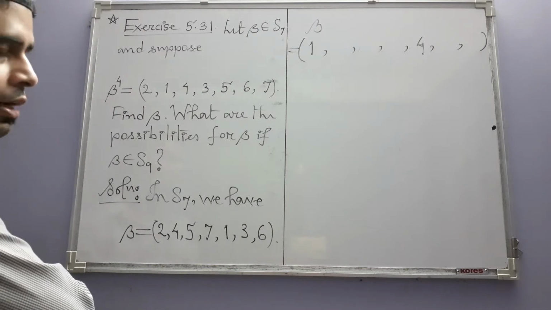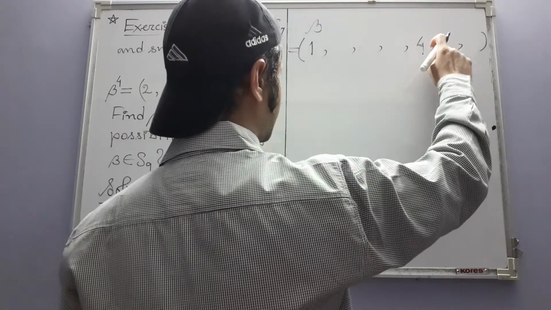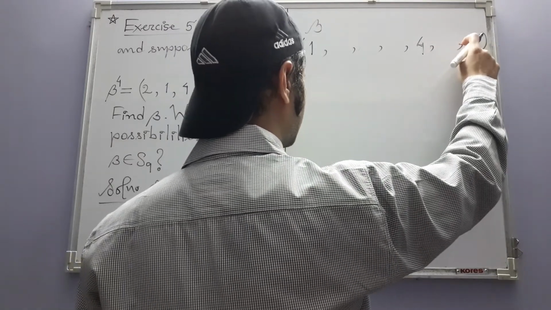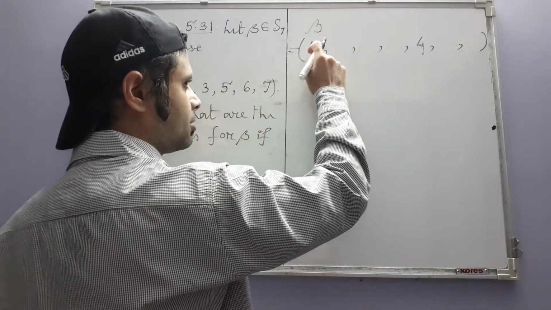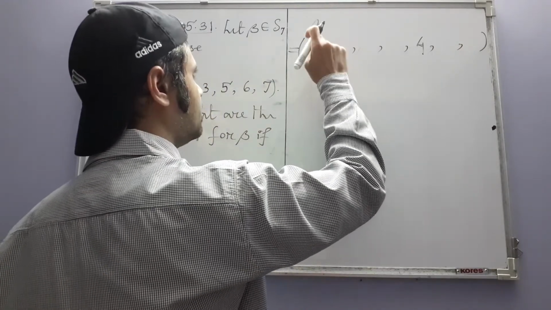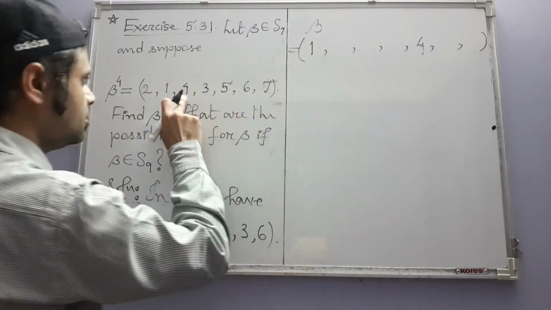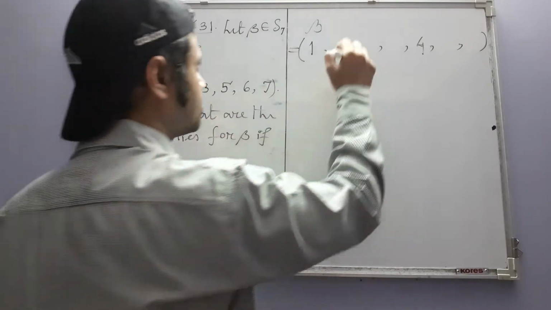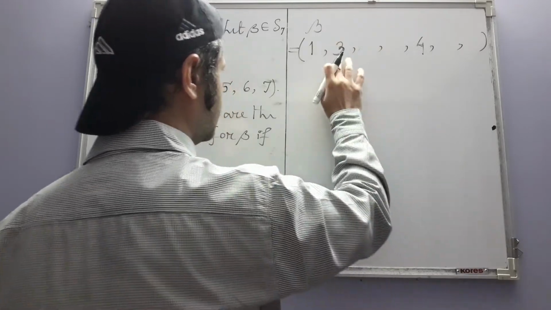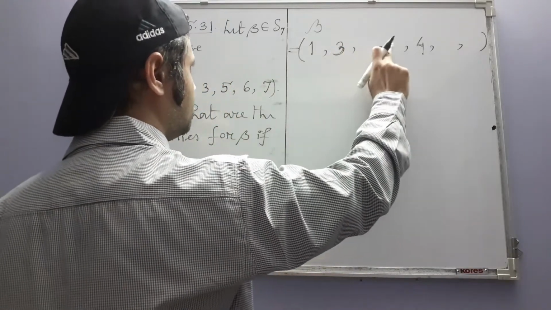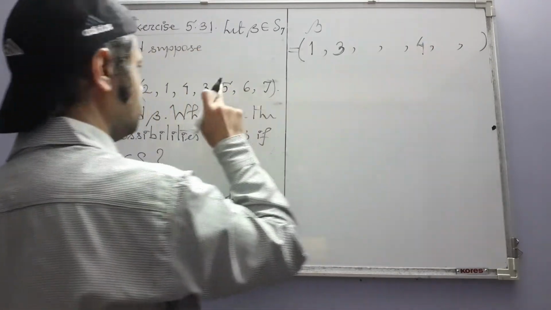Okay, now we continue our calculation like this. This will be beta of 4, this will be beta square of 4, this will be beta cube of 4, which we now know anyway so we don't bother about it, and this will be beta to the power 4 of 4, which is 3. Then beta of 3, beta square of 3, beta cube of 3, beta to the power 4 of 3, which is 5.